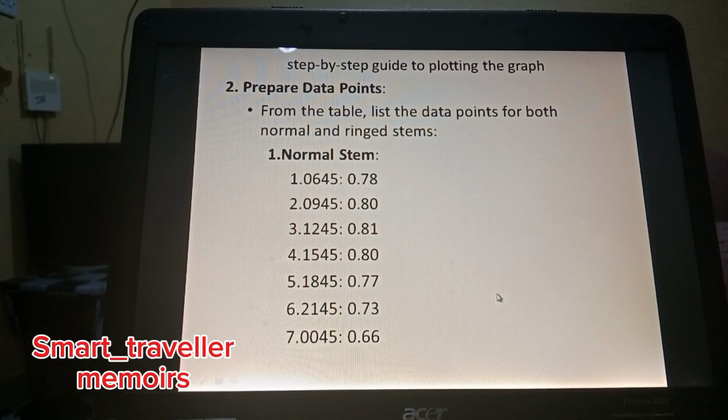So when you plot the graph, you have 1, 2, 3, 4, 5, 6, 7 points on that graph.